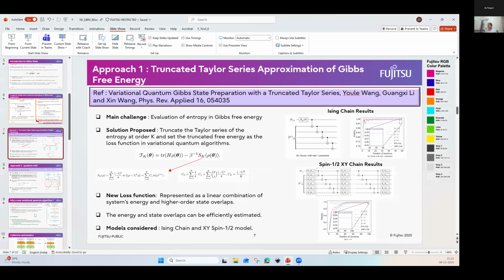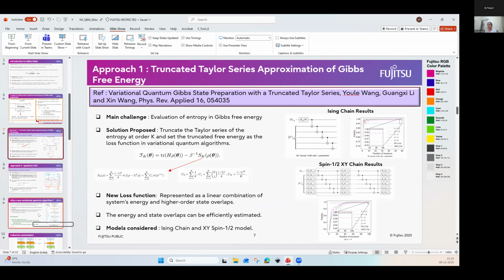No. Actually, the examples which we have considered are still within the limits of what we can simulate on a laptop or on a simulator. So the number of qubits we have considered is small, and we have evaluated the exact Gibbs free energy.